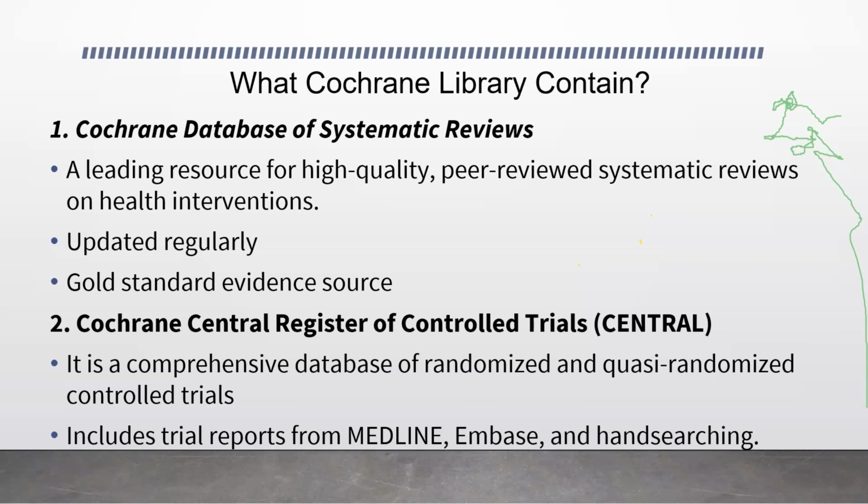If you are looking for high quality peer-reviewed systematic reviews, this is the resource to go to. And then the second database is called the Cochrane Central Register of Controlled Trials.